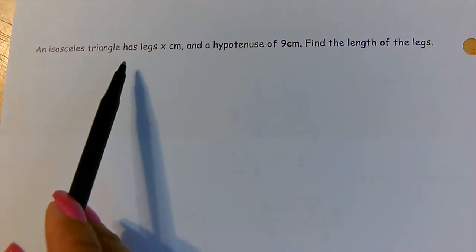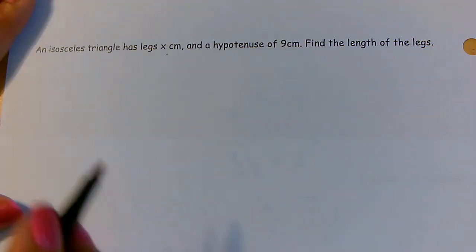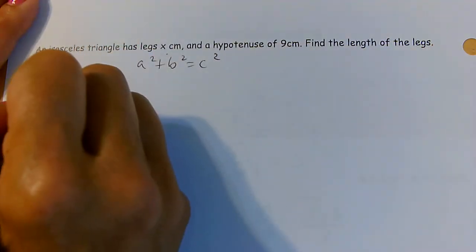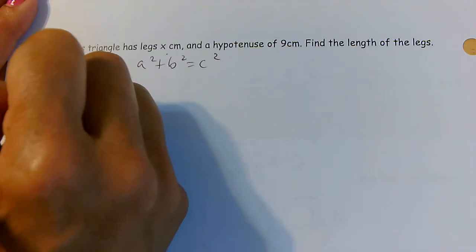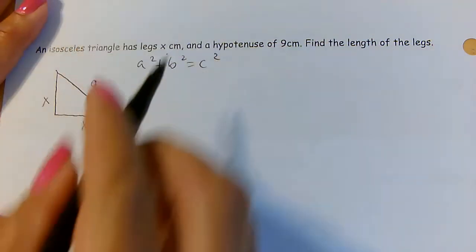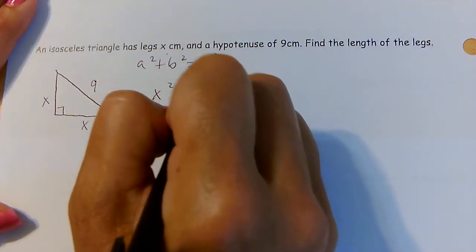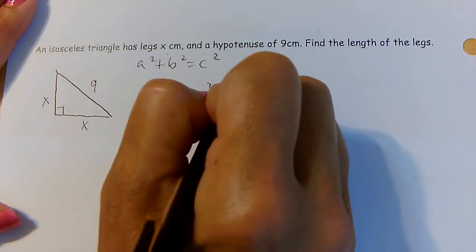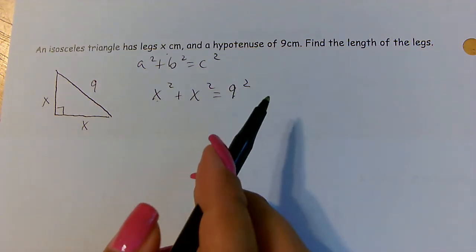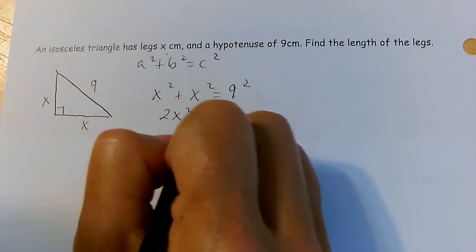Okay, an isosceles triangle has legs x and a hypotenuse of 9. So hypotenuse means Pythagorean theorem. An isosceles means both legs are the same length. So x squared plus x squared equals 9 squared. 2x squared equals 81.